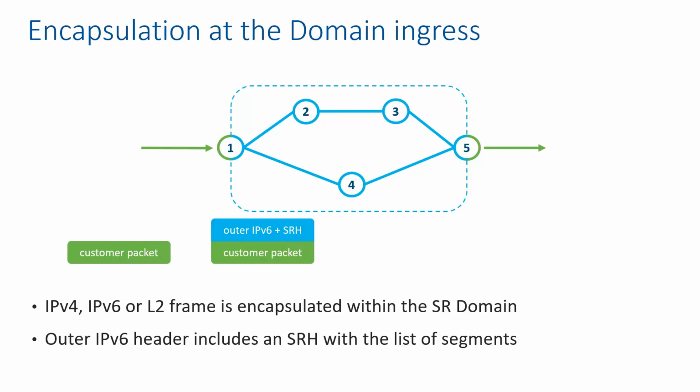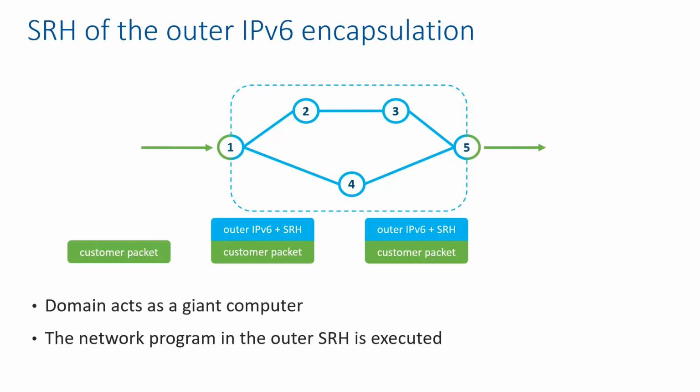But if the network program, and we will see this is very frequently the case, only requires one instruction, all the ingress PE will do is IP-in-IP encapsulation, so it will be the addition of an IPv6 header. The packet follows its path through the SRv6 domain.